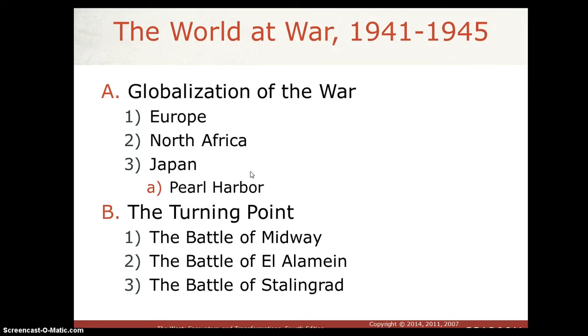Something that's not talked about in here is that just like with World War I, many Americans were really reluctant to get involved in another European war. We kind of forget that many Americans were immigrants from European countries.